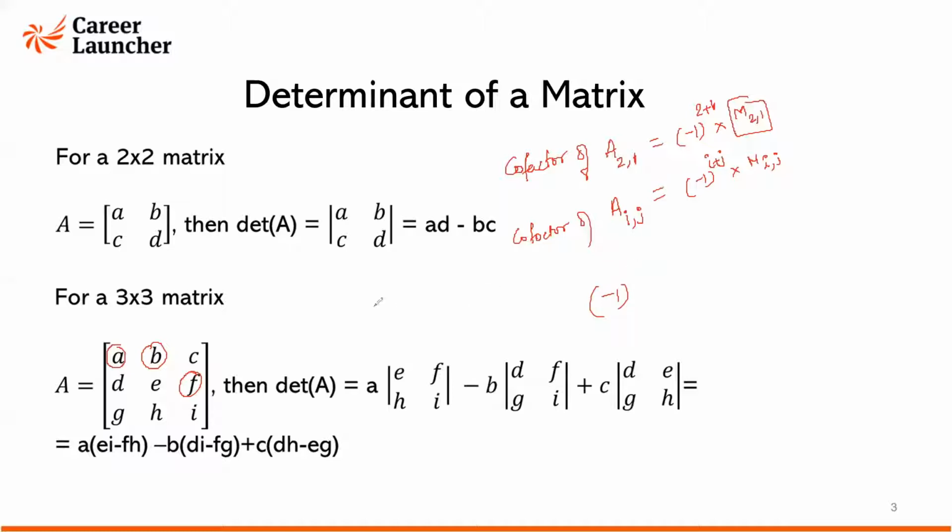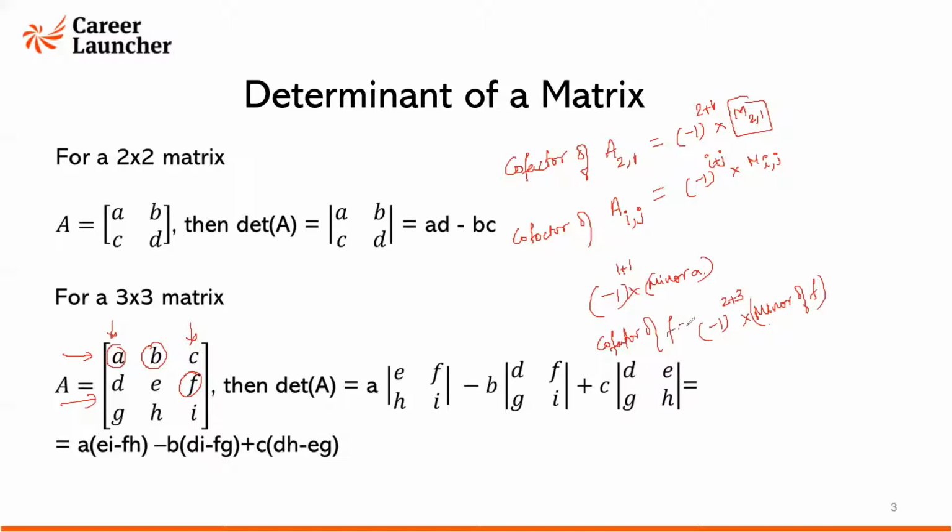So if you want to find the cofactor of A, it is (-1) to the power of 1 plus 1, because A is in the first row, first column, into the minor of A. Similarly, if you want to find the cofactor of F, it is (-1) to the power of 2 plus 3, because F is in the second row, third column, into the minor of F. This is called the cofactor of F.